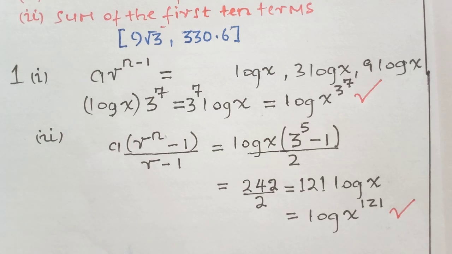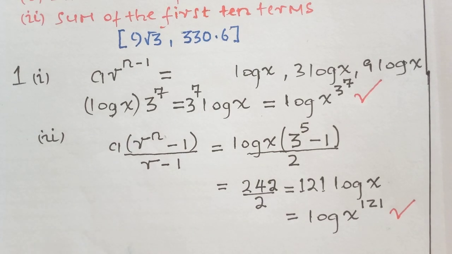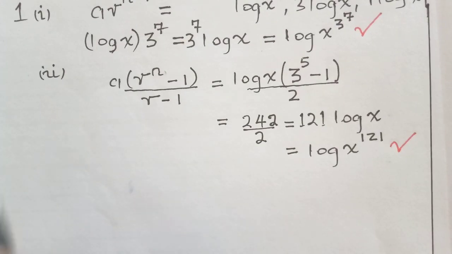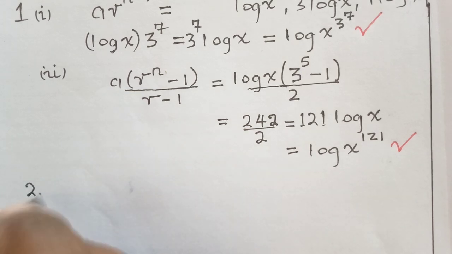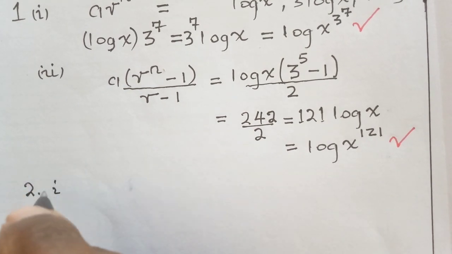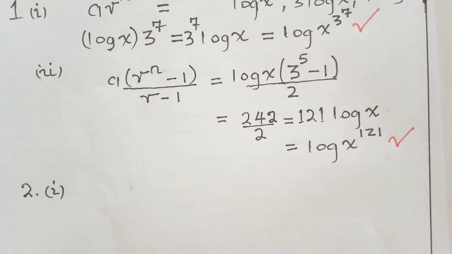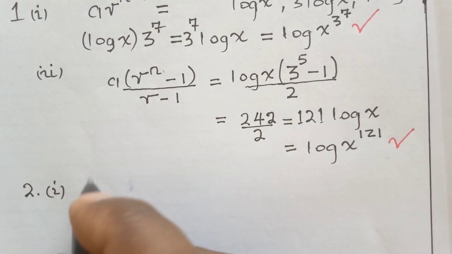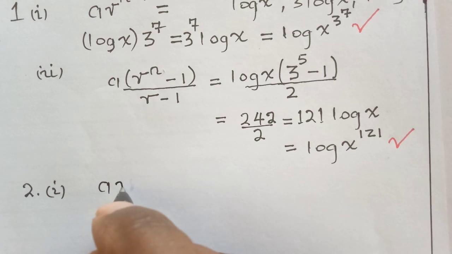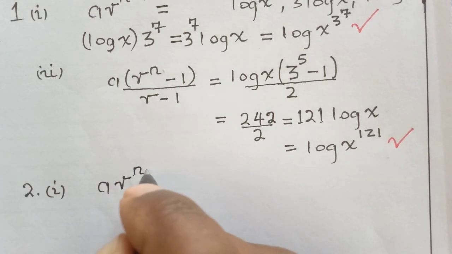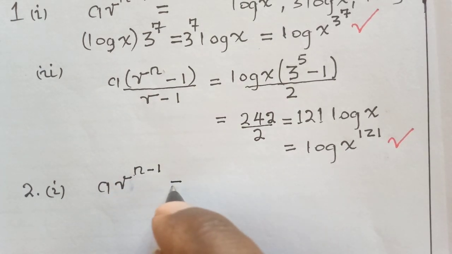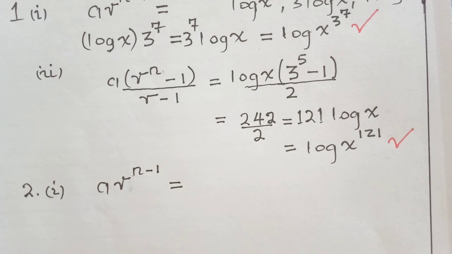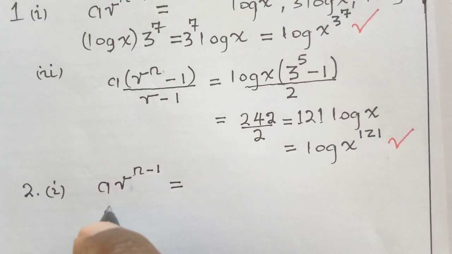Guys, we now go to the second question, that's number 2, Roman 1. A series is given. Determine the sixth term of the series in surd form. So we still use the same equation, ar^(n-1). For a, it's the first number, which is 1.